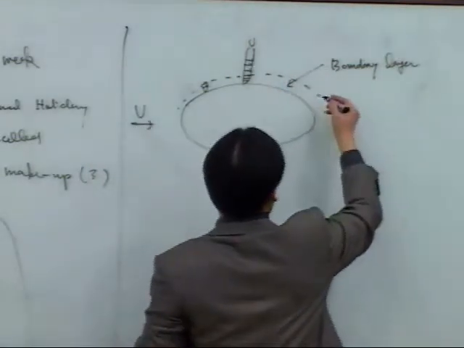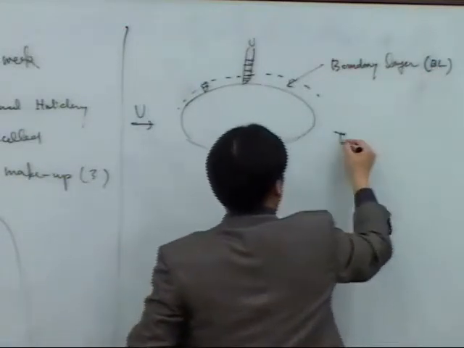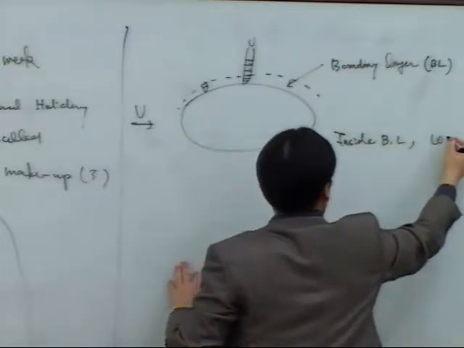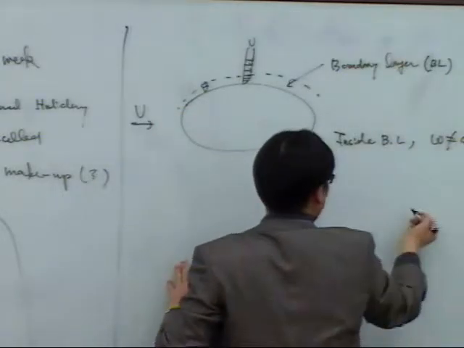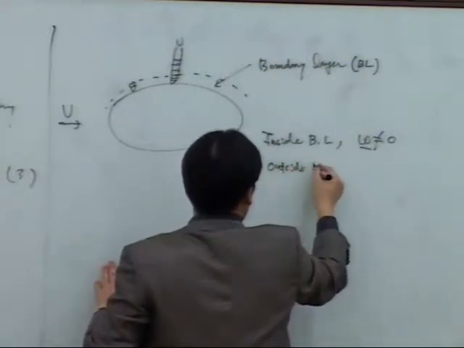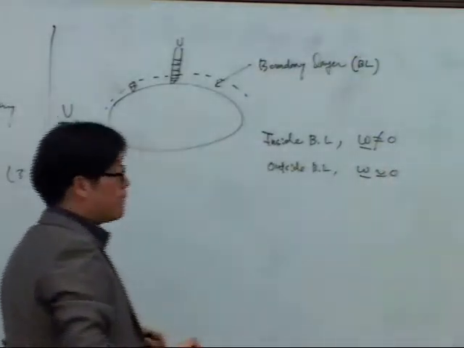So if you look at the inside of the boundary layer, omega is not equal to 0. And outside the boundary layer, we expect omega is almost 0.